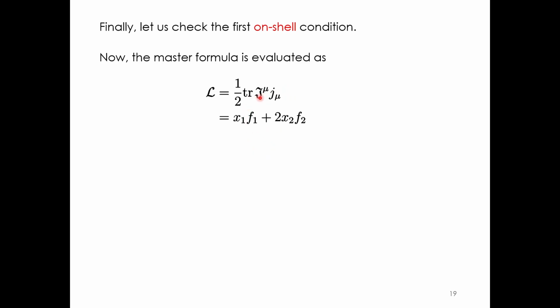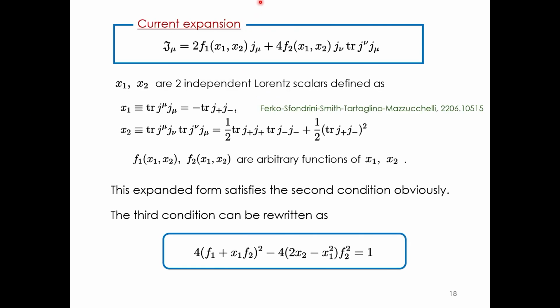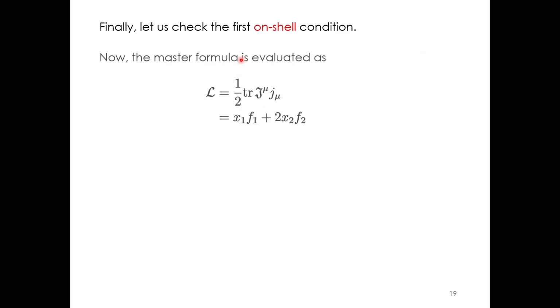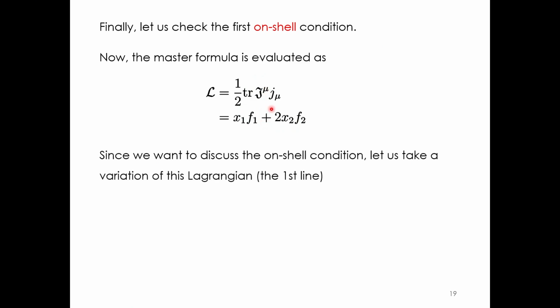Now this curly J is expanded in terms of x1 and x2 like this. By putting this into the master formula, we will get these expressions. So now we have two expressions. Anyway, we want to discuss variations of this first line. In order to discuss the first on-shell condition, let's take variations of this expression.